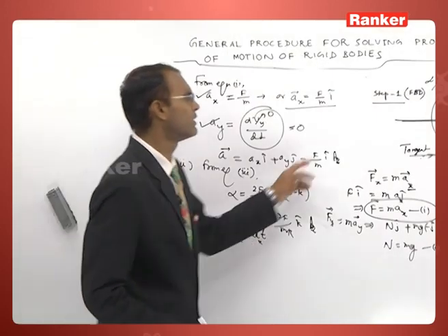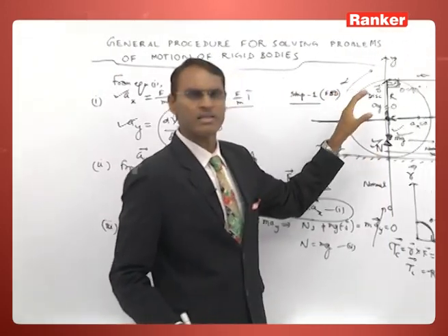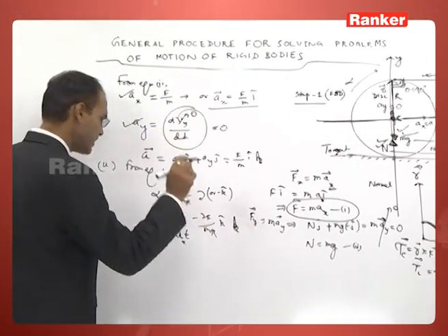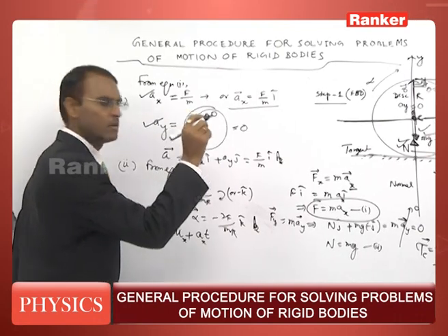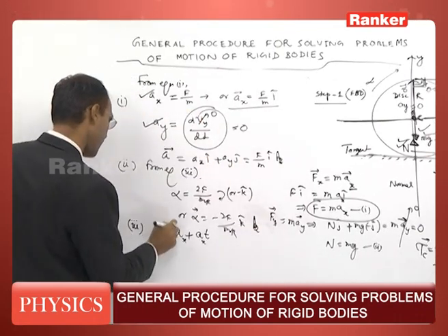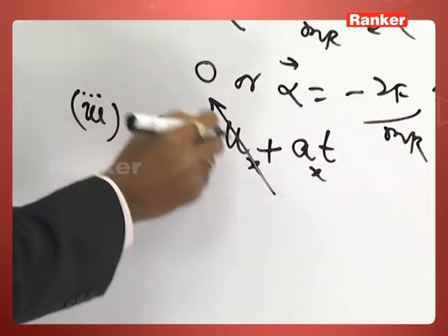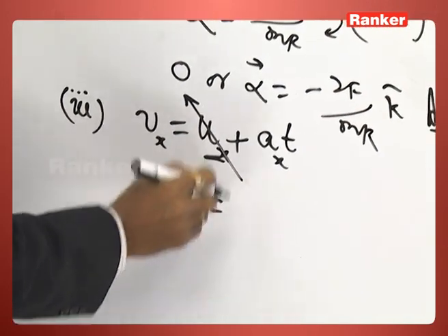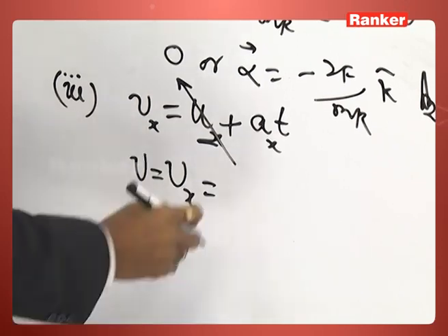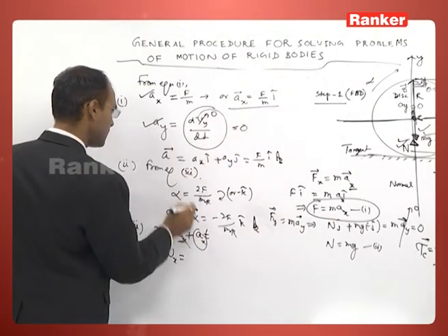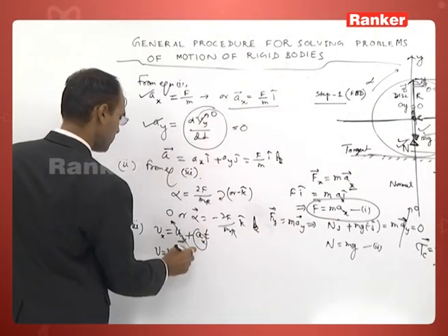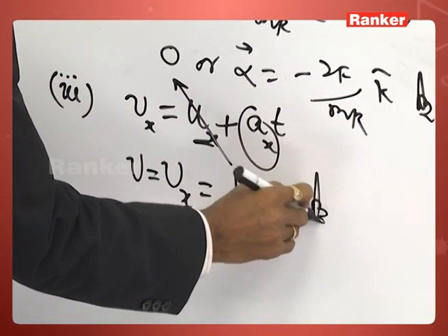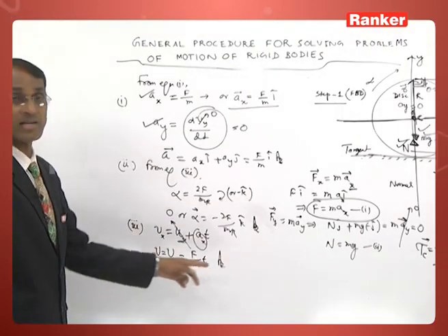Since initially the body was stationary, or assumed to be at rest, the initial velocity of the center of mass is 0. Therefore, the final velocity of the center of mass is equal to its acceleration, we have to substitute, that is F by m, into t. Answer. This is the velocity as a function of time.